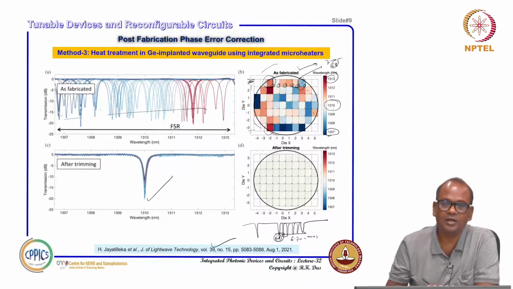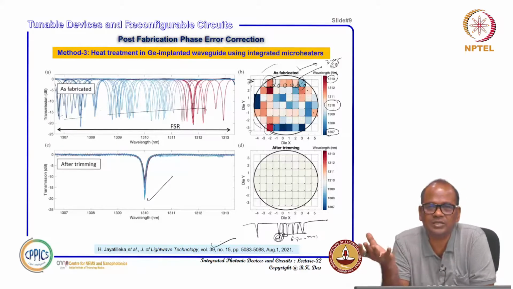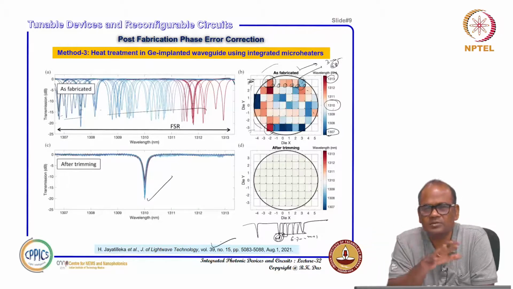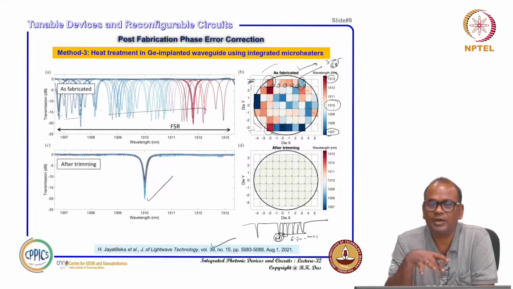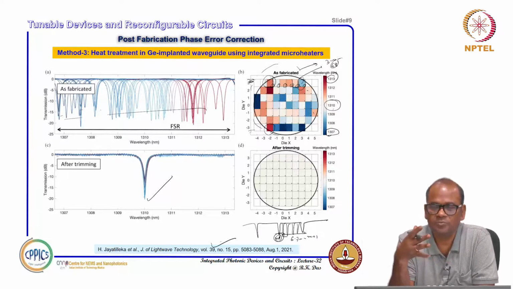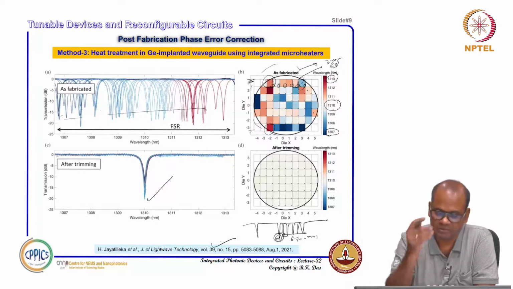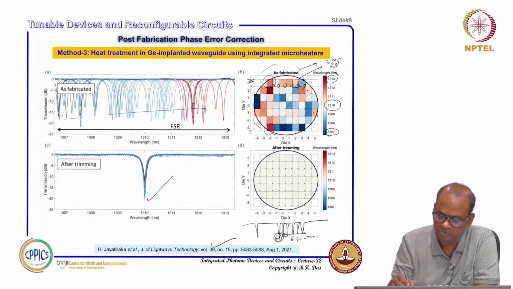In the next lectures I will be discussing that post-fabrication you can correct the fabrication errors, that is fine, but sometimes it will be useful if you can reconfigure the device. For example, one particular ring is now giving you resonance at 1310 nanometer.